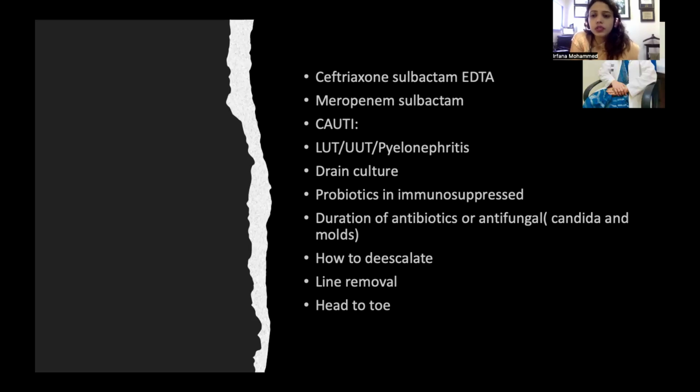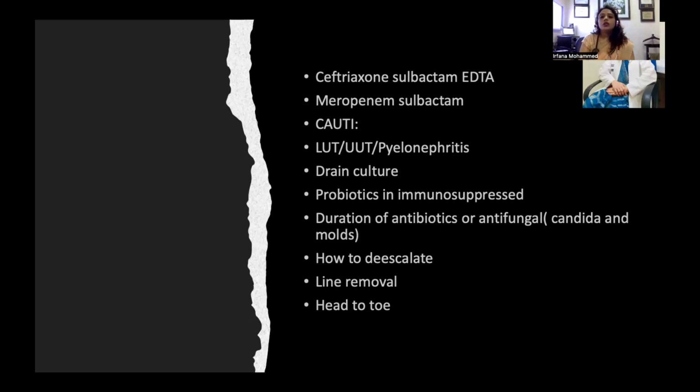is useful in resistant organisms, but that much concentration is not there in the drug which we are giving, but that concentration is there in the disc which they are providing. That's why this combination will show as sensitive in the sensitivity report.